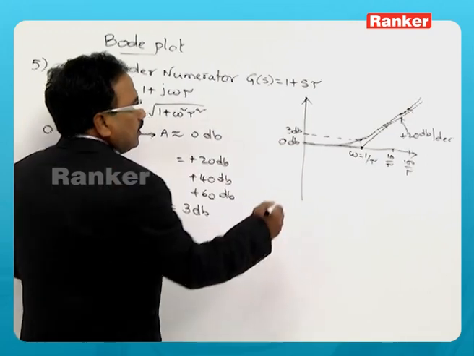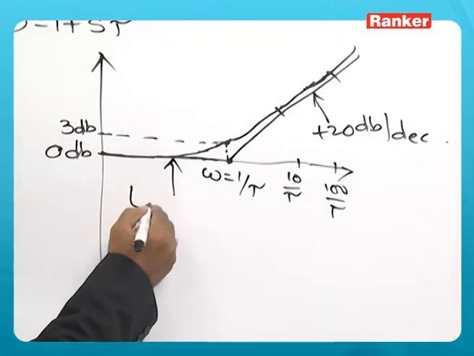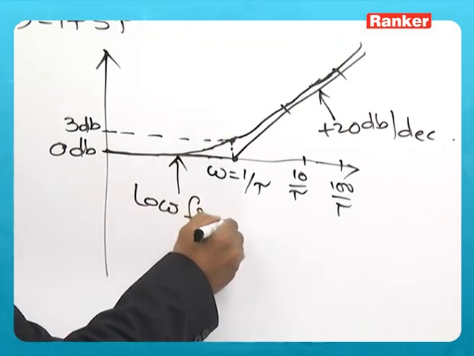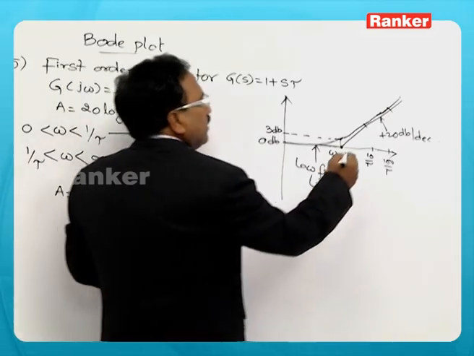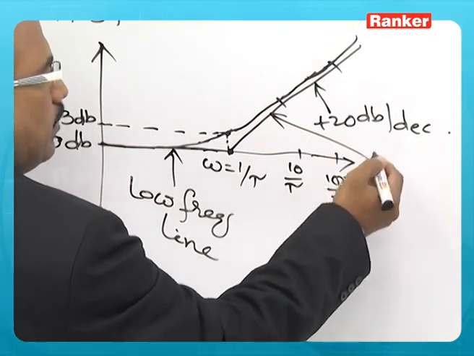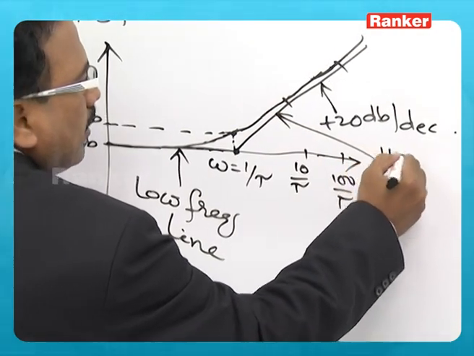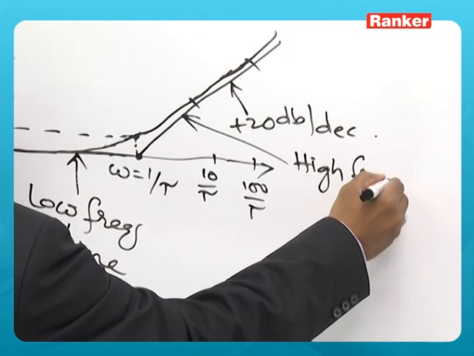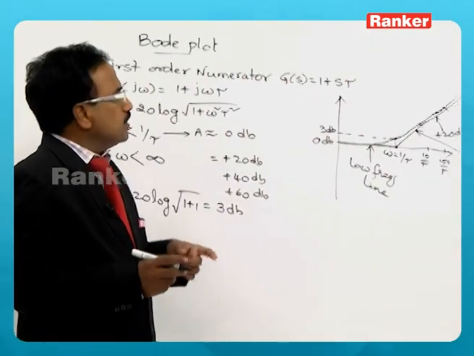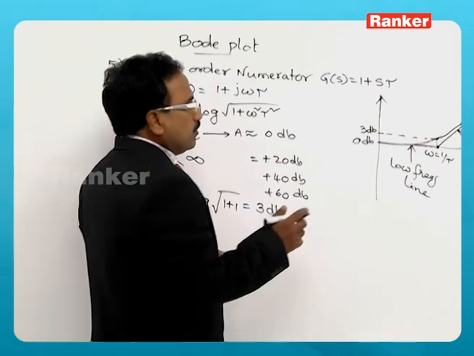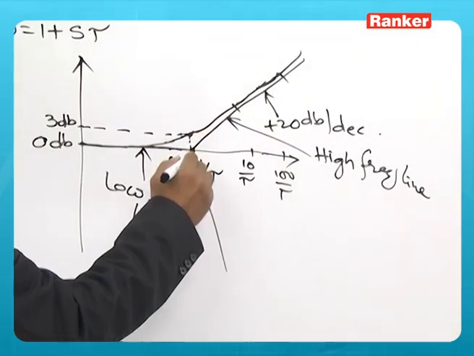That is why this 0 dB line is called the low frequency asymptote, and this plus 20 dB per decade line is the high frequency asymptote, and these two asymptotes will meet at omega equal to 1 by tau once again.